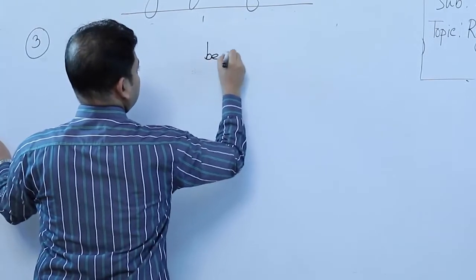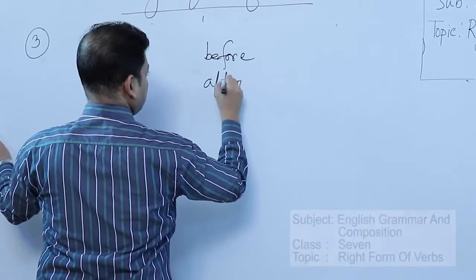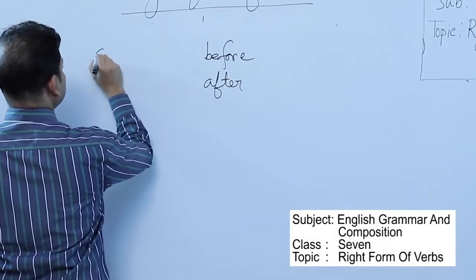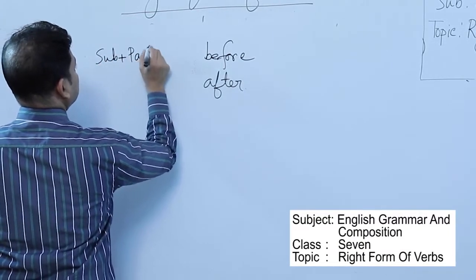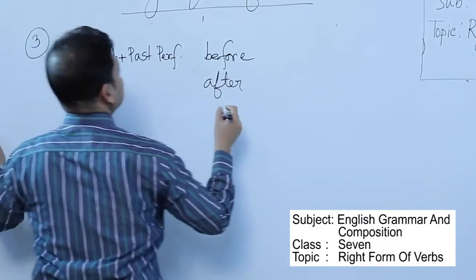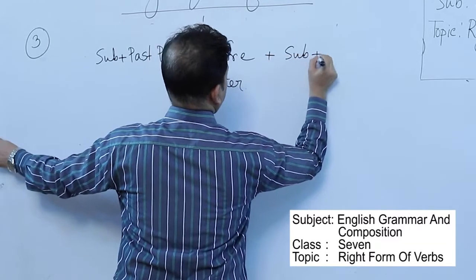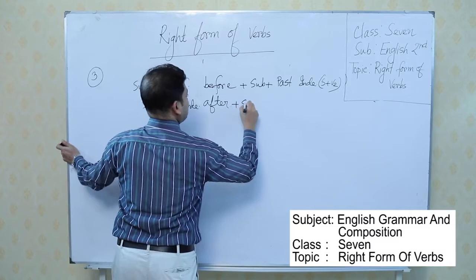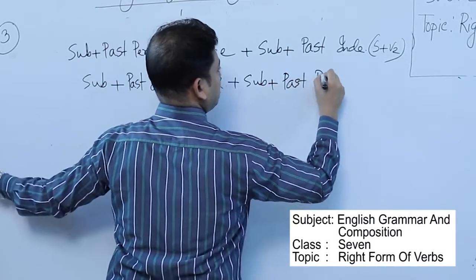Now, rule number 3: after plus subject plus past perfect tense.